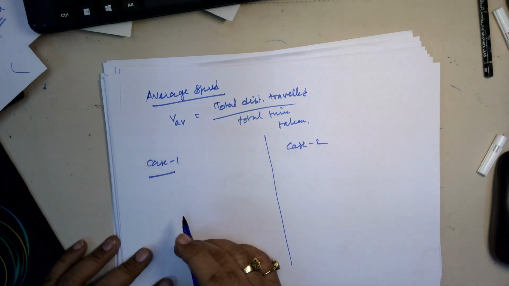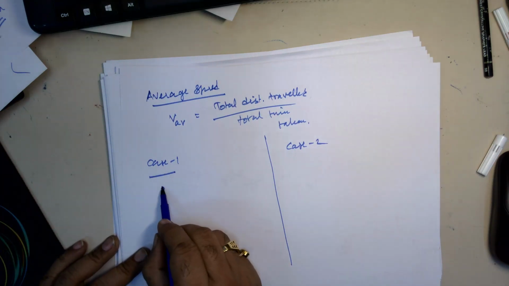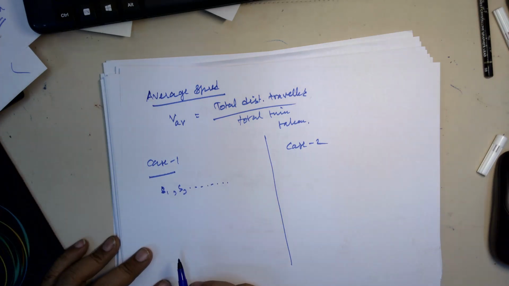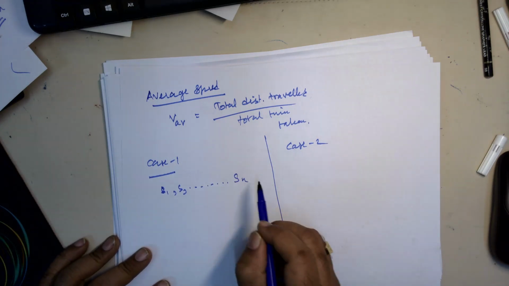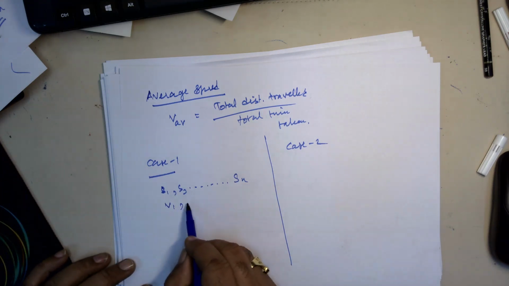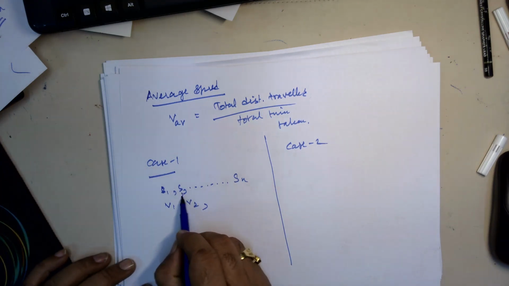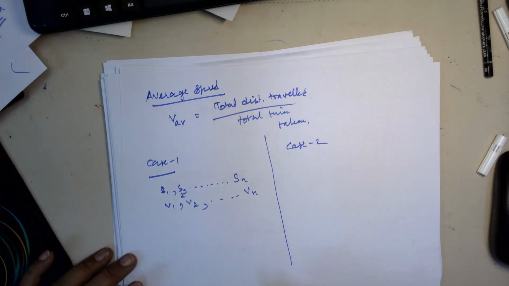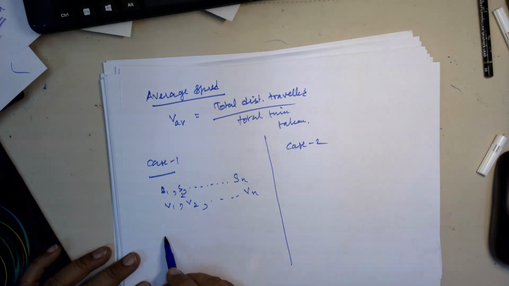A particle covers the distance S1, S2, S3, and so on up to Sn with the speeds V1, V2, V3, etc. up to Vn, right? Now, what is the average velocity?